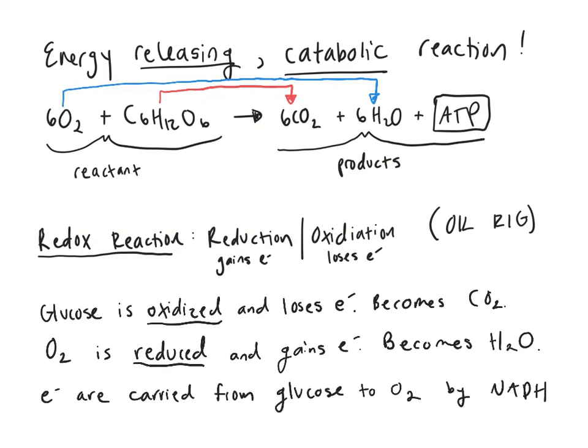NADH would be the full version of the carrier, meaning that it has the electron, and NAD+ would be the empty version. So the version that will pick up an electron but doesn't have it. So NAD+ will pick up an electron from glucose and become NADH, which will drop off the electron to oxygen and become NAD+ again.